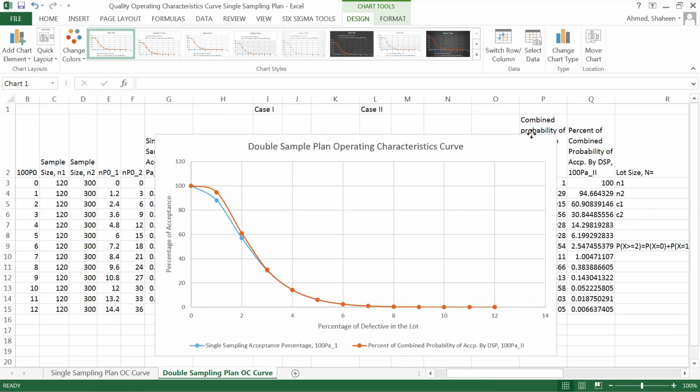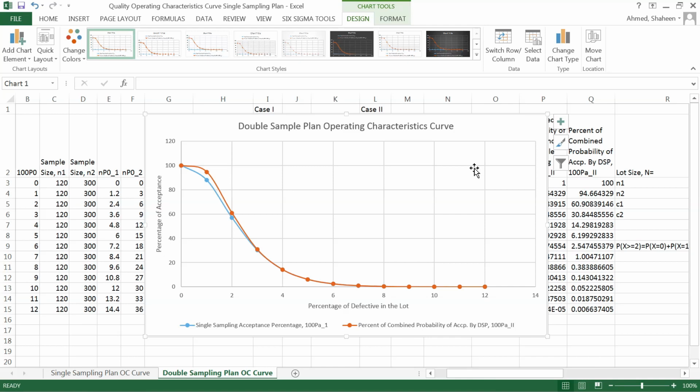So this is about the double sampling plan operating characteristics curves. As you can see, the acceptance increases a little bit, but it's not really a whole lot. If you look at, say, this 80% line, so if I draw a line here, for example, C value 2, you can see the percent accepting somewhere around 58%, and then this is about 61%.